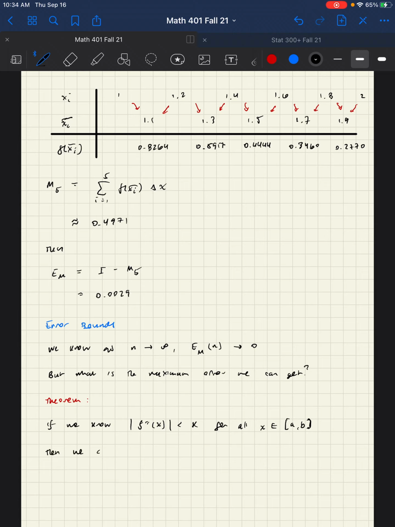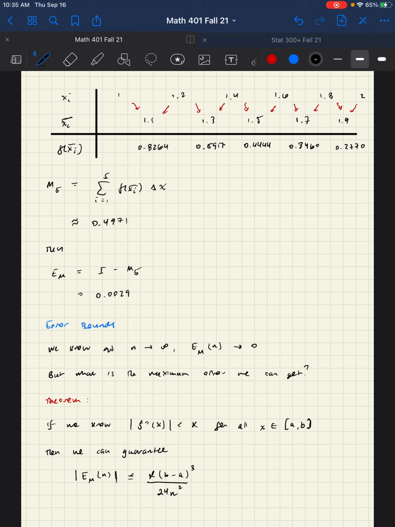So our second derivative of this function is bounded on this interval. Then we can guarantee that the absolute value of this error as a function of n is less than or equal to capital K times (b minus a) cubed all over 24n squared.